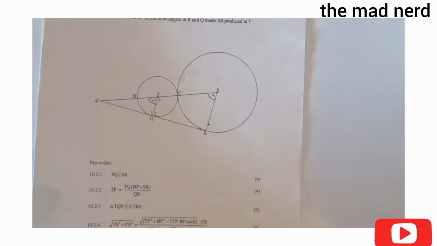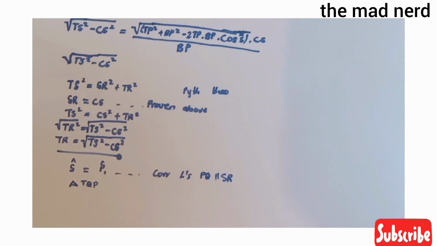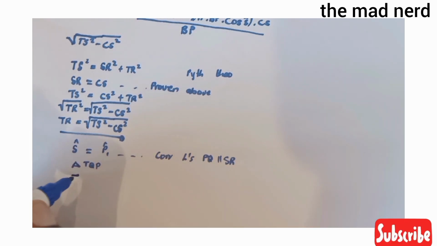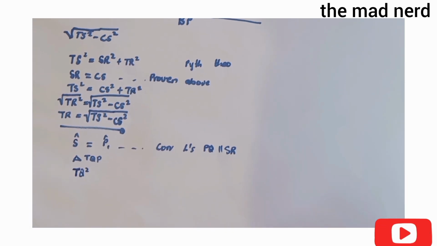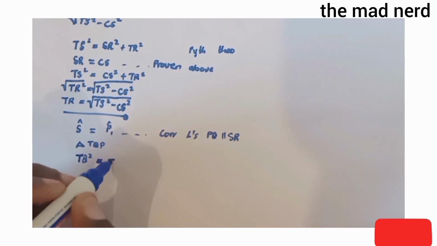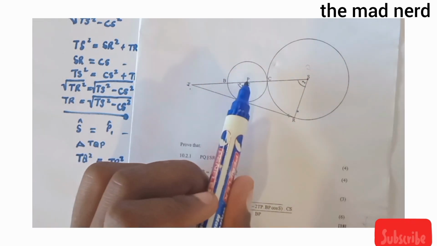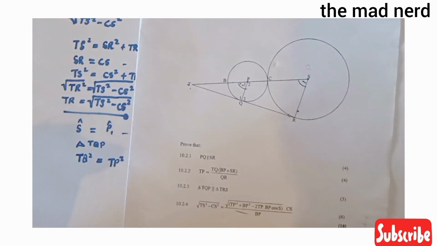So let's try to find a side TQ in this triangle so that we can end up with something like this one. So now let's look at triangle TQP, and what you can do there is that side TQ squared, because we are dealing with a cosine rule over here. TQ squared is the side that we want to find. It has TP squared and then PQ squared with an included angle that is angle P1.